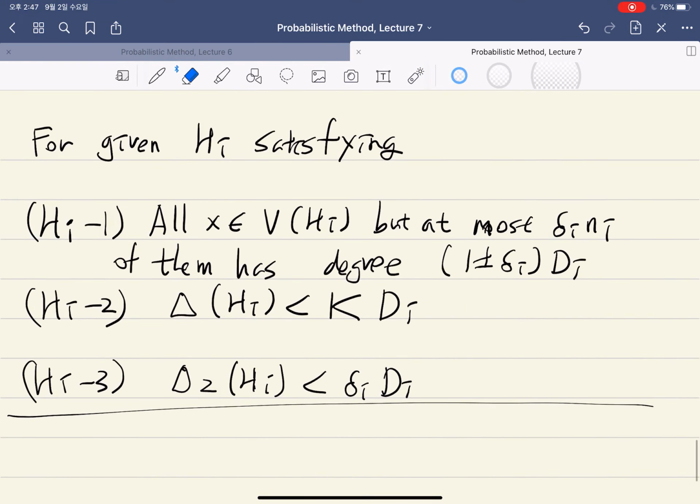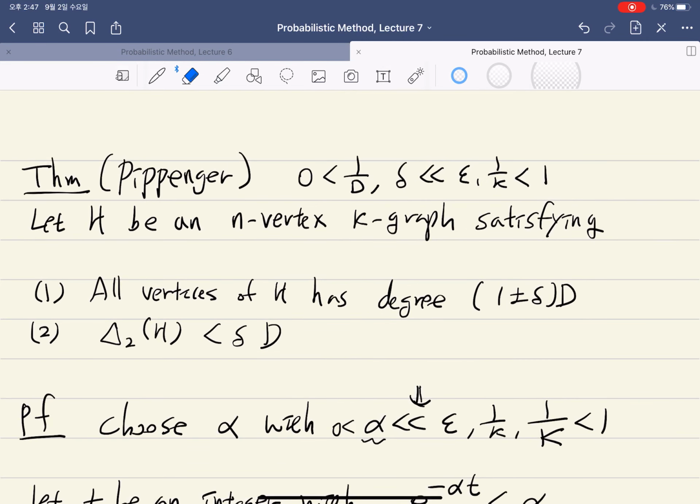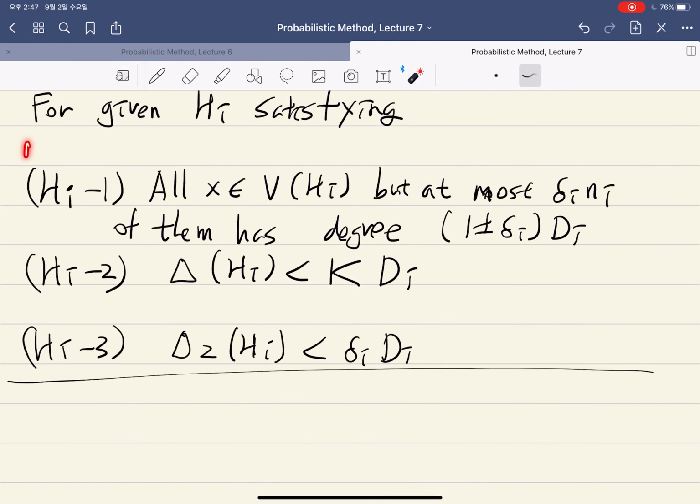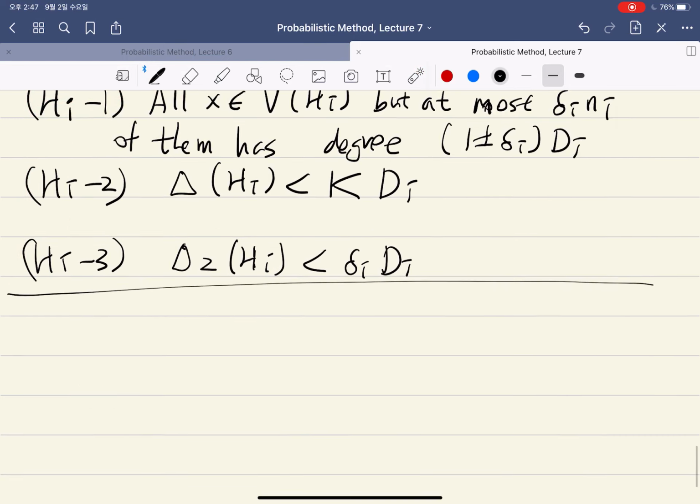And we assume that with these numbers this holds, which implies these conditions for H0.